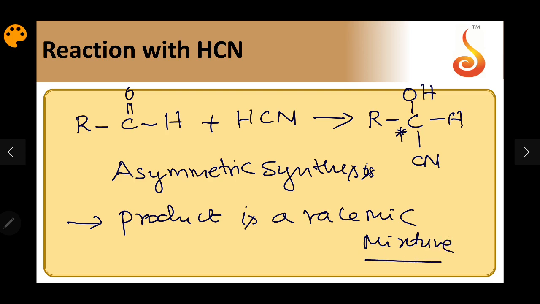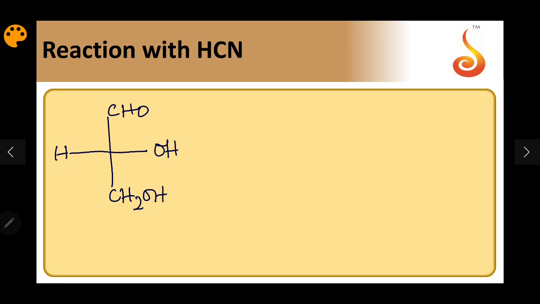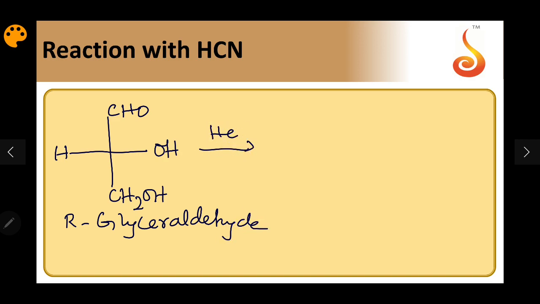Further, if I take an example which is already having a chiral center, let us say I am taking R glyceraldehyde. So I treat this with HCN. So I'll get two isomers.